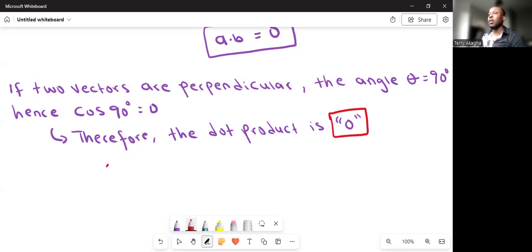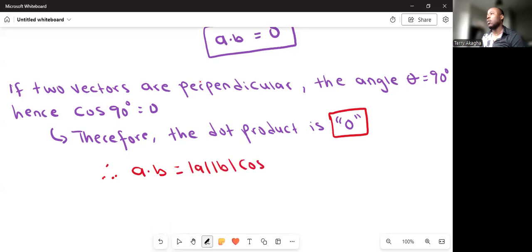Therefore, we can now say A dot B will be equal to the magnitude of A, magnitude of B, cos 90, and that will be equal to 0.